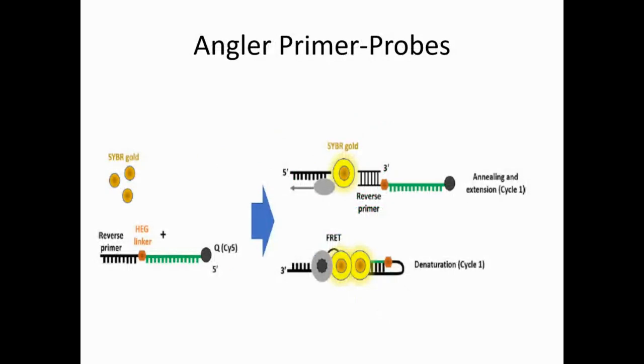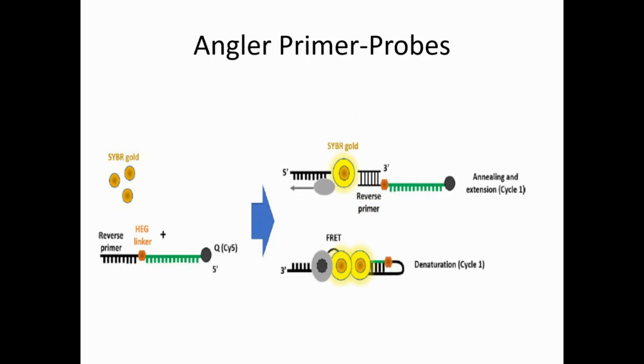And the angular primer probe basically has a DNA sequence identical to the target, which is bound to a reverse primer through a hexaethylene glycol linker, HEG.